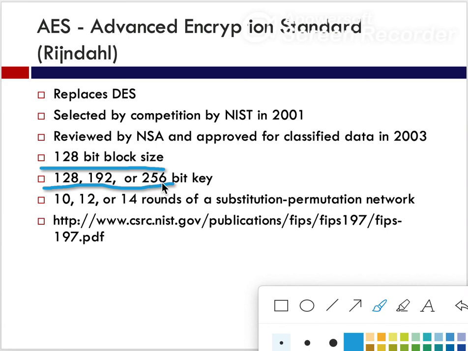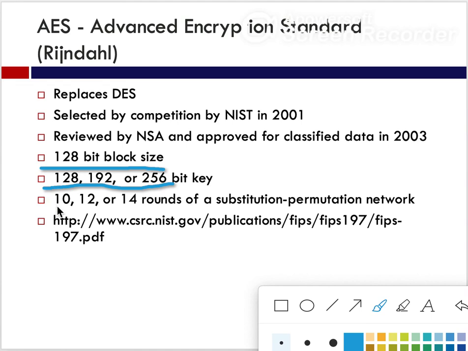As you increase the size of the key, the complexity of the algorithm increases, it becomes more secure, and brute force attack becomes more difficult.